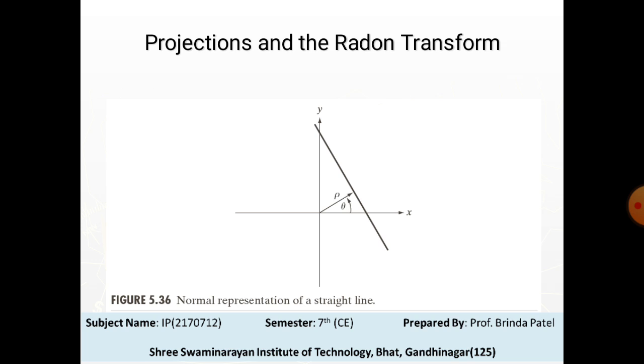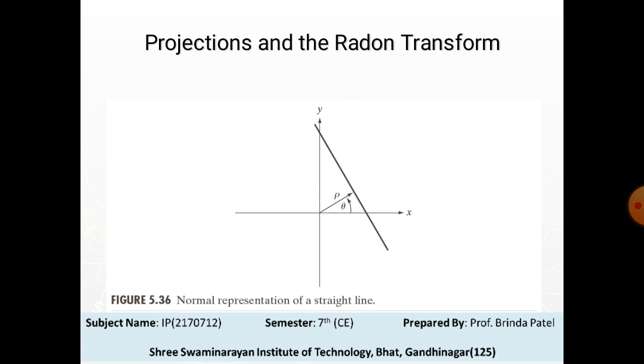Now, projections and the Radon transform. We develop here the mathematical basis for image reconstruction in the context of X-ray computed tomography, but the same basic principles are applicable in other CT imaging modalities such as SPECT, single photon emission tomography, PET, MRI, and some modalities of ultrasound imaging.